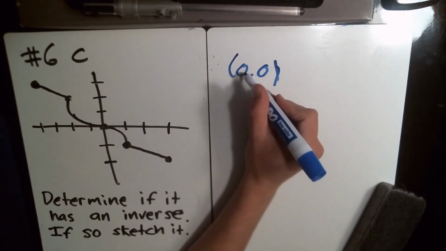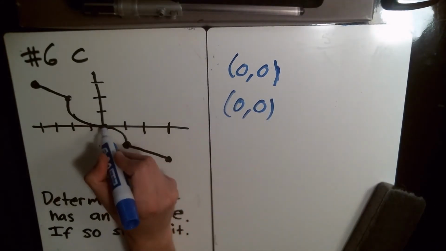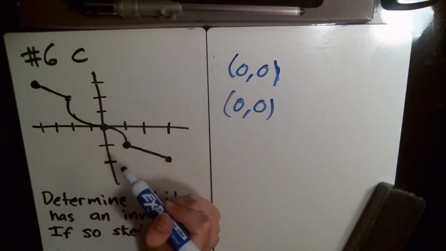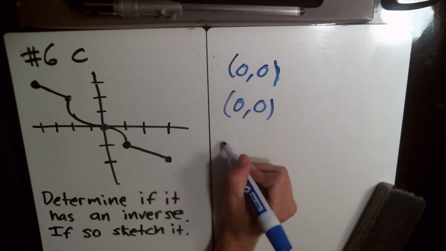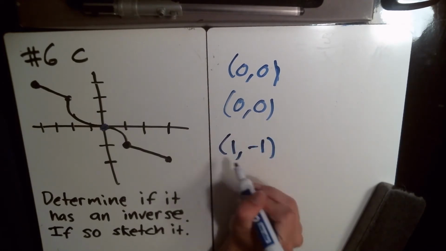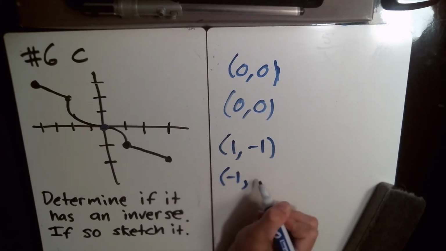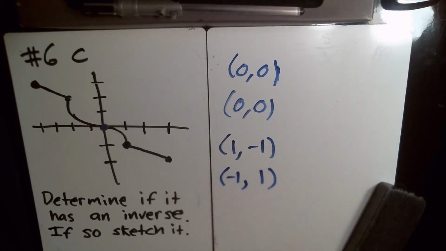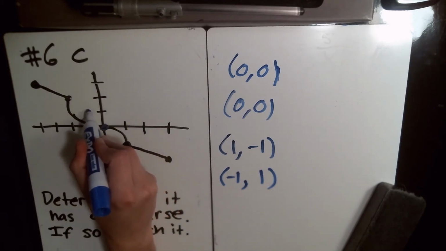When I switch those two numbers around, they're the same, so I just get 0, 0 again. What about here? Here I'm at 1, negative 1. So I'm going to switch x and y to get my new point. It will be negative 1, positive 1, right? So I'll go negative 1, positive 1.